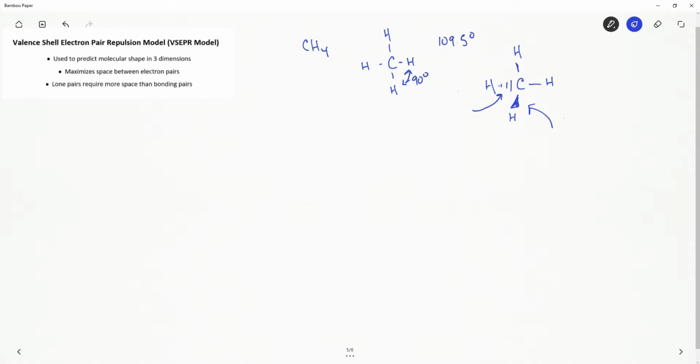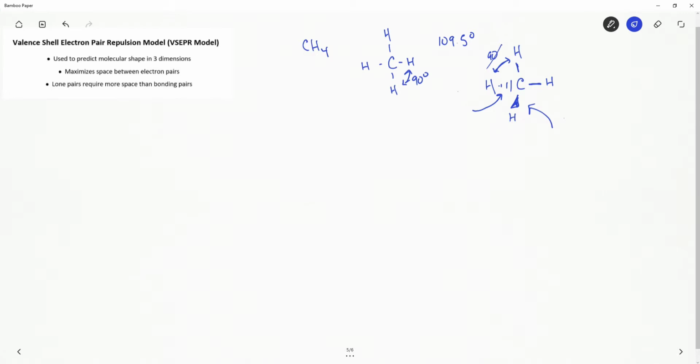The two lines for these hydrogen atoms represent those hydrogen atoms within the plane of the paper. In this drawing, it's a little bit easier to see that these bond angles are actually not 90 degrees, but they are greater than 90 degrees.